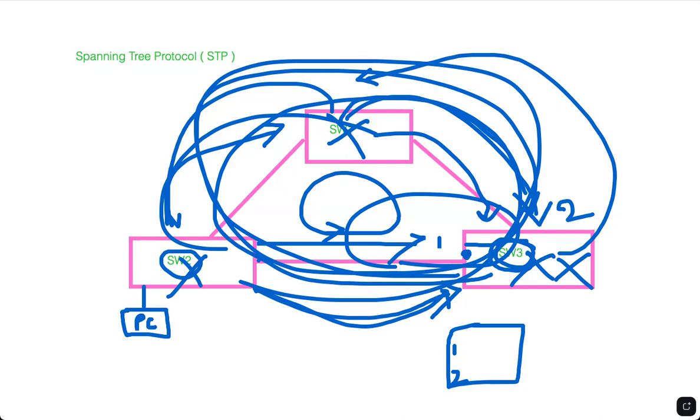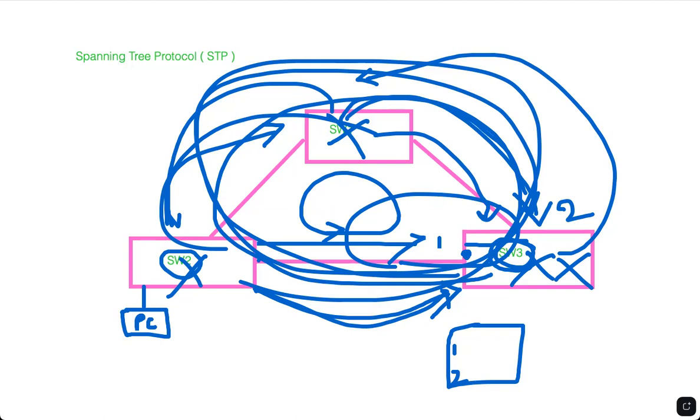So spanning tree is used to avoid the loop. Let's see how it does it.